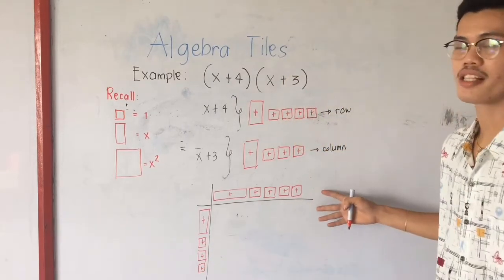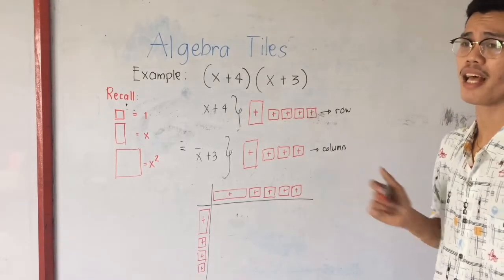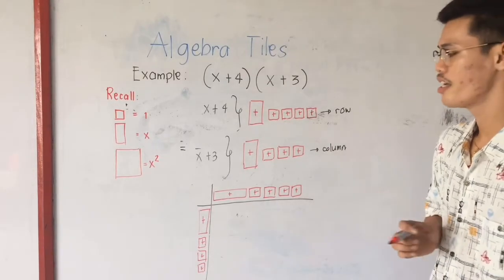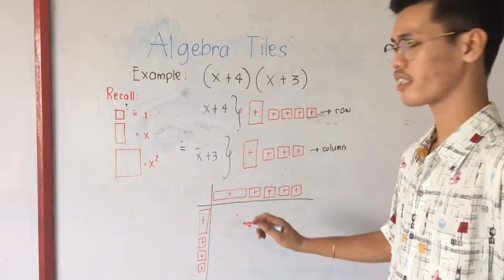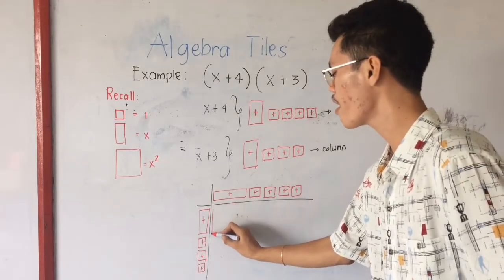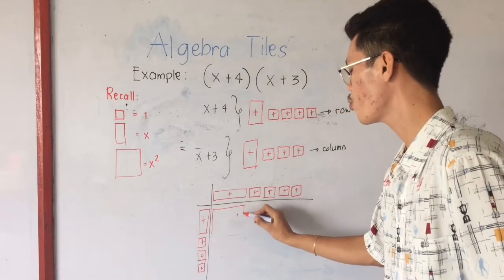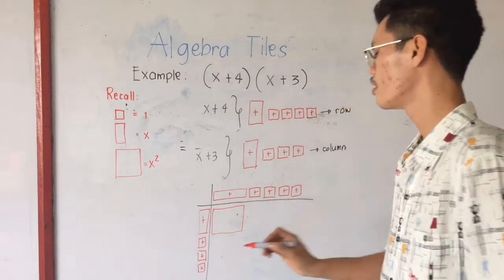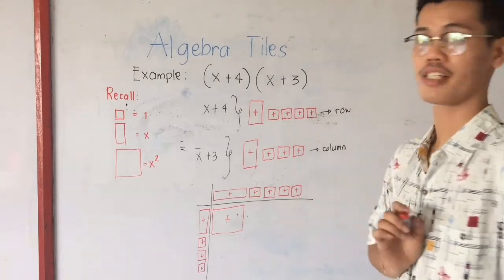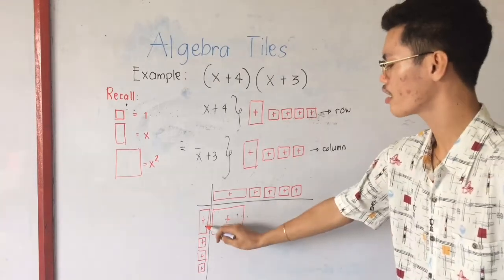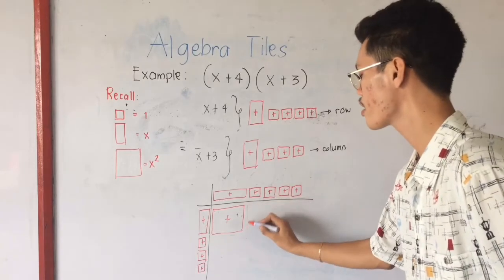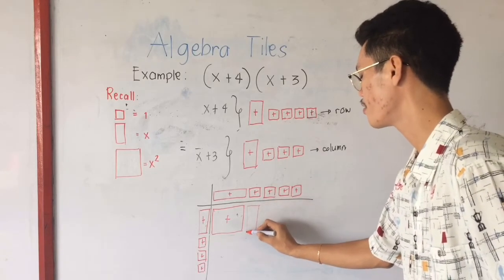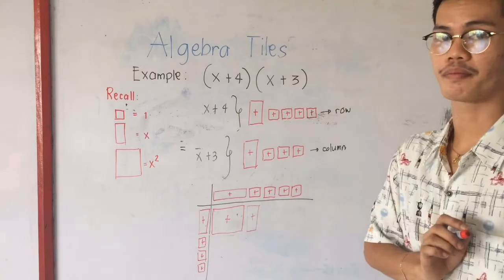So after illustrating, we will now proceed to multiplying your algebra tiles. Rectangle times rectangle makes a big square. That is positive. Rectangle times small square makes a positive rectangle.